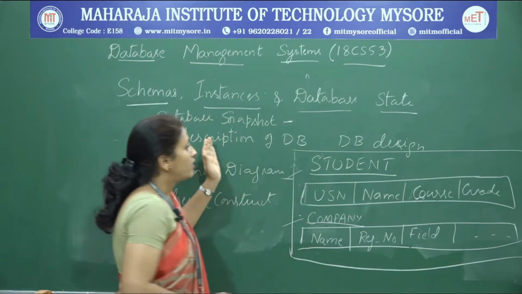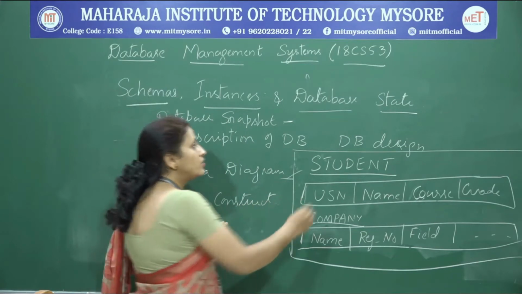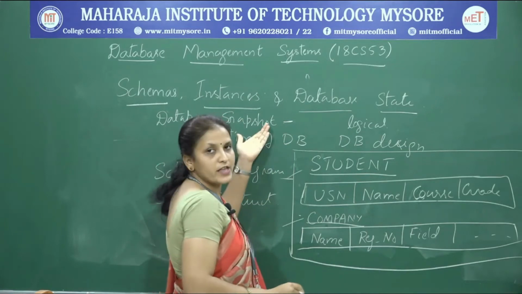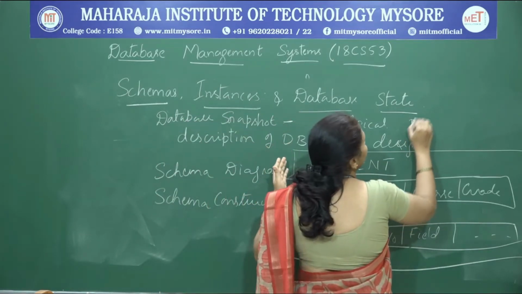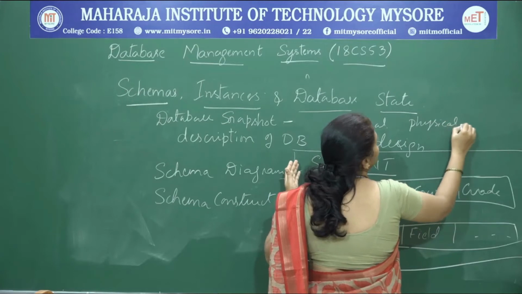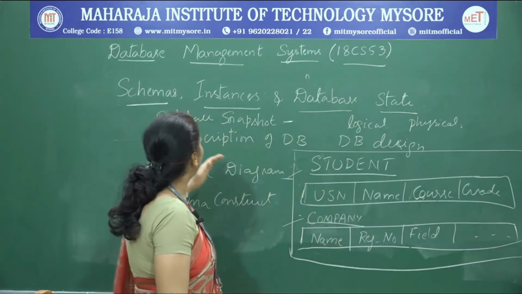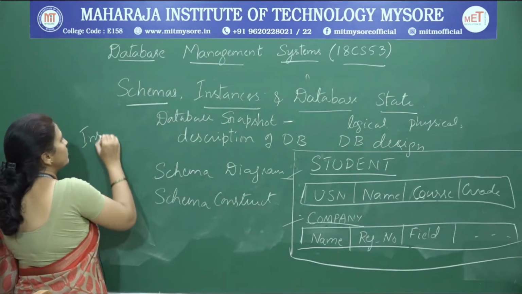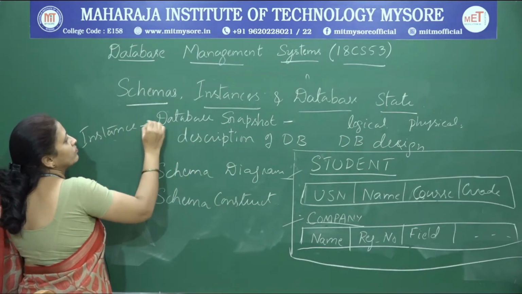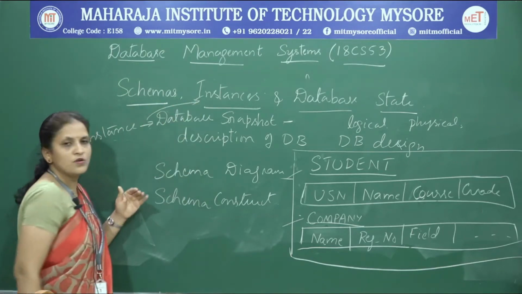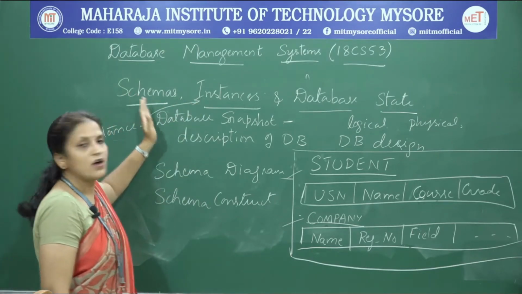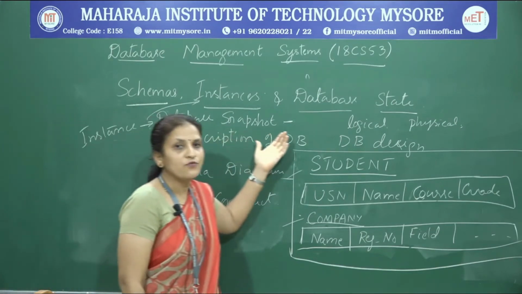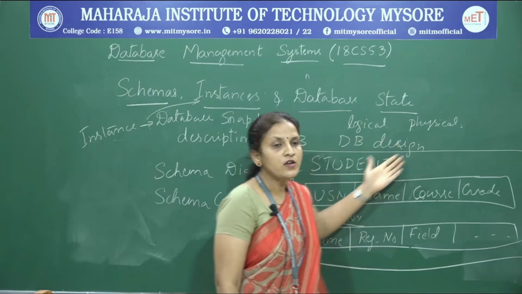We can call the database schema a logical construct, whereas the database snapshot is a physical existence or physical construct. A database snapshot can also be called an instance of the database. So, schema is a logical construct of a database, whereas a database snapshot or instance is the physical existence or construct of a database.